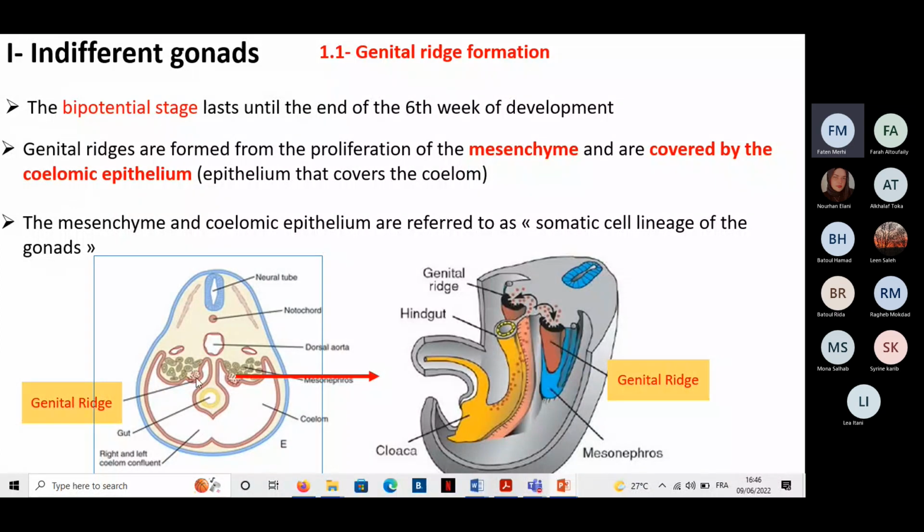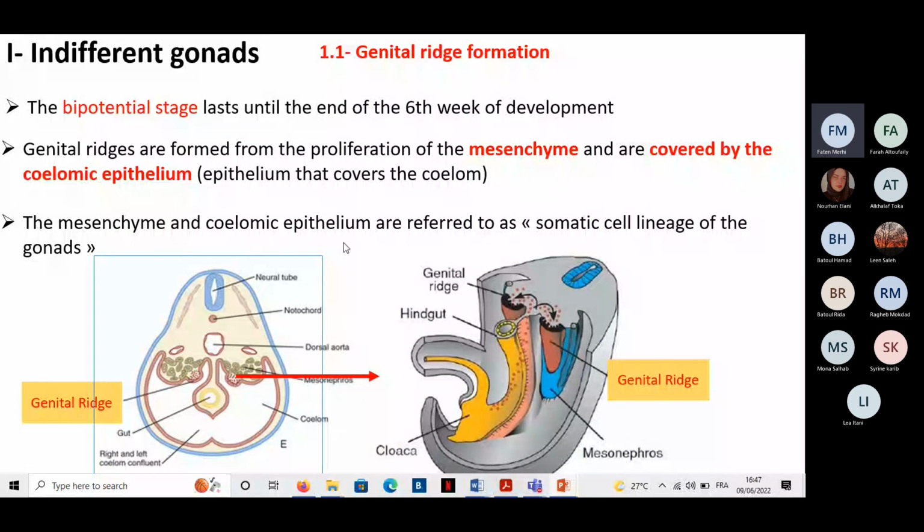Later on, we will have the germ cells. The germ cells don't have as origin the mesenchyme, nor the coelomic epithelium. We will see from where they will come. In fact, they will come from outside of those gonads. They will migrate to get settled in those genital ridges, but first of all, they don't have as origin the mesenchyme, nor the coelomic epithelium.